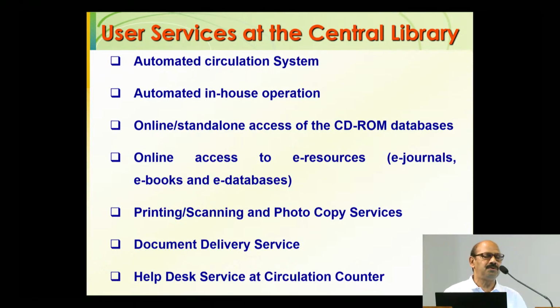If you want to issue a book, it will be issued automatically. The automated in-house operations. We have a lot of resources on CD-ROM and standalone, which are only available in the library. They cannot be shared on the net. So you have to physically come to the library to access these CD-ROMs. We have online access to a lot of resources.